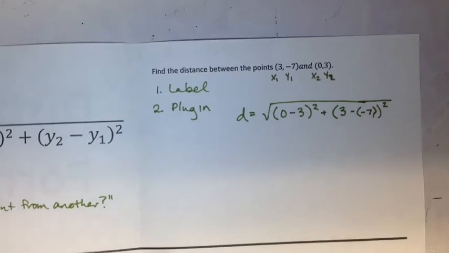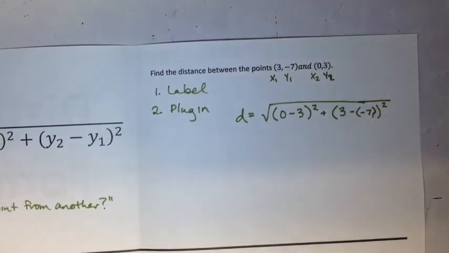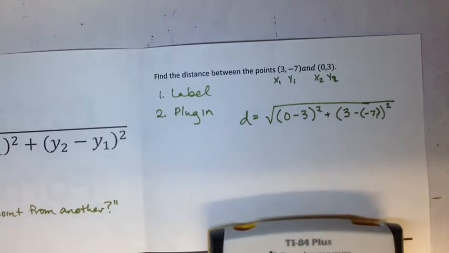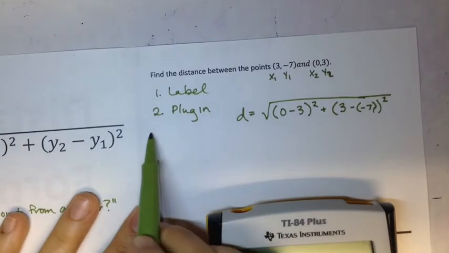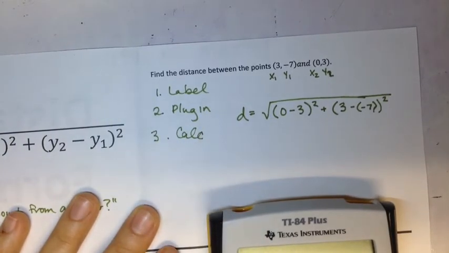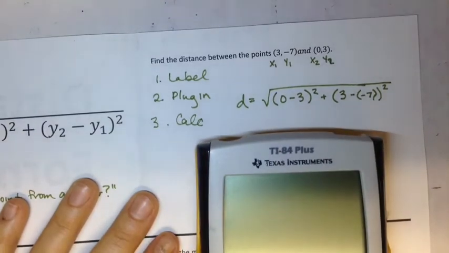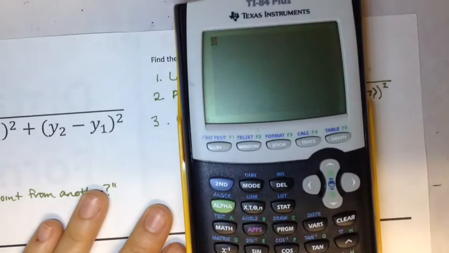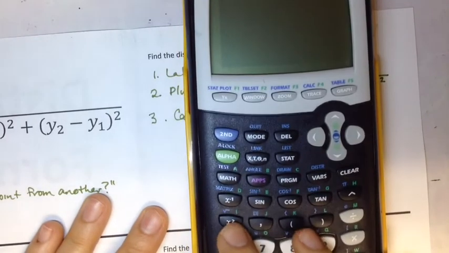Then we would go to our calculator and we would calculate the distance. You can plug this in right now. So step 3 is to calculate. Put it in your calculator. To get the big square root, we go to the square root button right above the x squared.